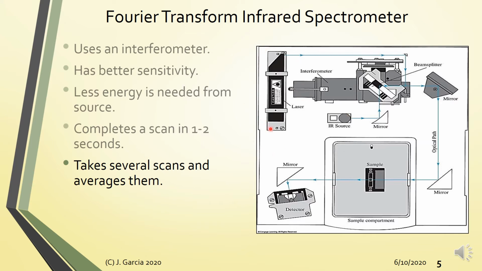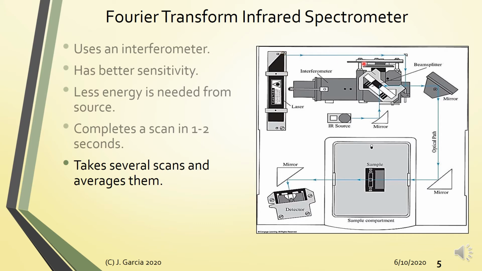The laser serves as your wavelength standard or wavelength reference. The laser has a constant wavelength. Usually, a helium neon laser is used, around 760 nanometers, I think. Please check the textbooks for the wavelength of a helium neon laser.